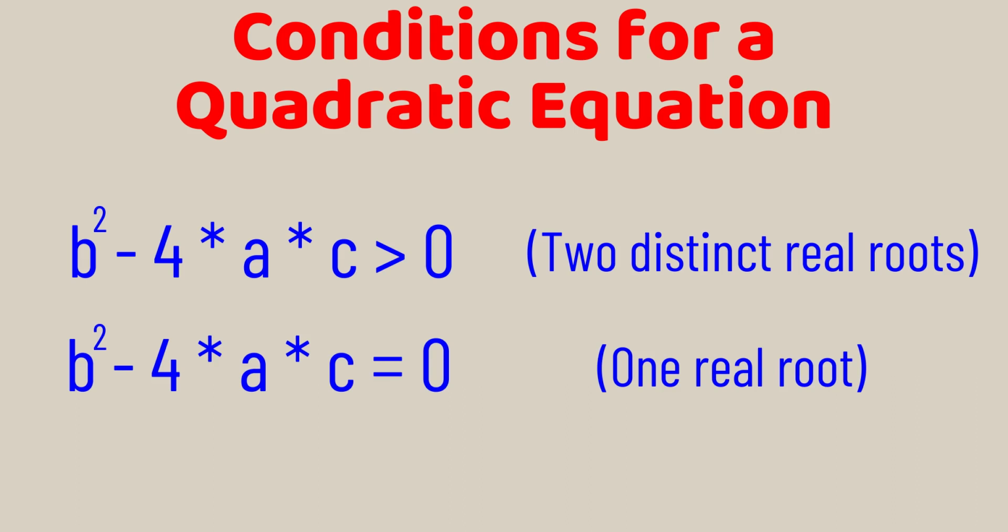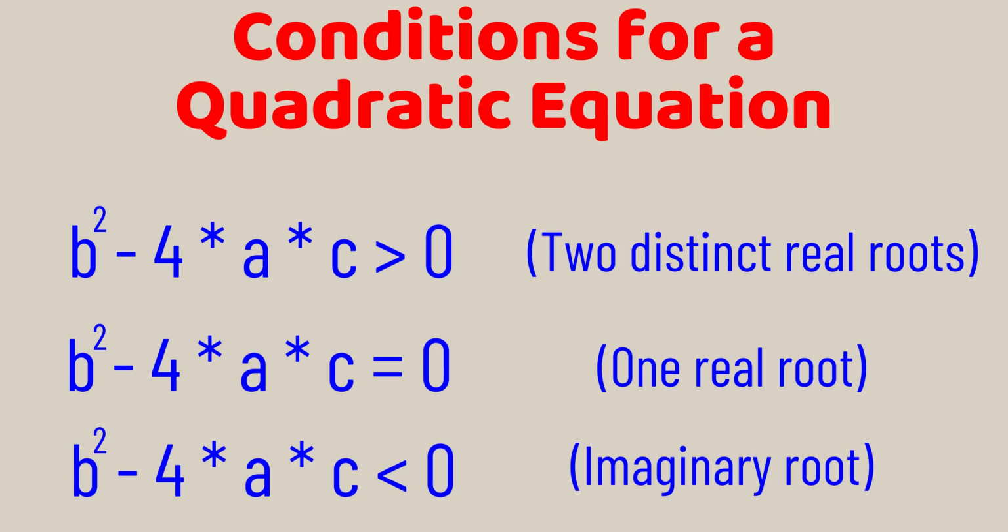It means that the equation has one real root. The last condition is if b squared minus 4ac is less than 0. It means that the equation has two non-real roots, that is, imaginary numbers. So these are the three conditions for a quadratic equation.